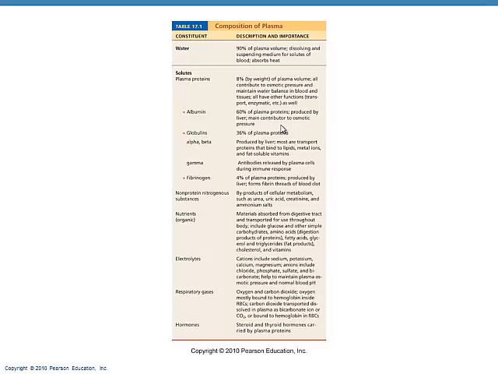What can any of these things do for a patient if I take them out of your plasma and give them to a patient? We're going to talk about this when we talk about this chapter. When you get blood in the hospital, you're not getting whole blood. What are you getting?